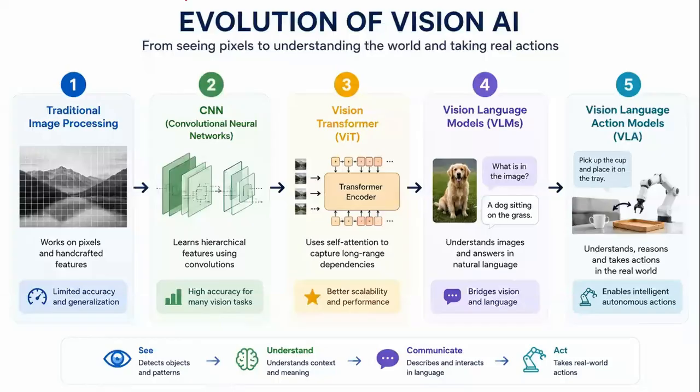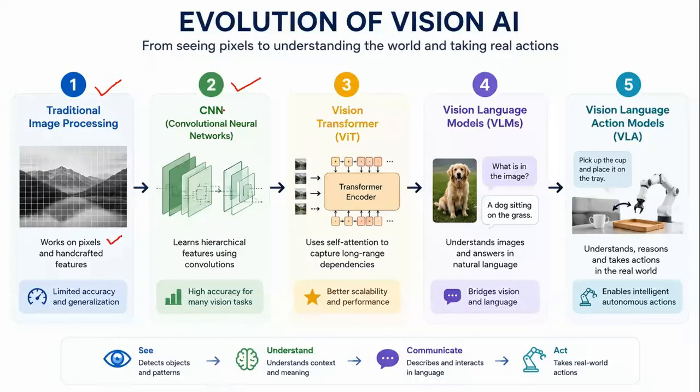Now here is the evolution of vision AI. Let's see how the evolution happened in the computer vision domain. Traditional image processing is at the first level, where it was just working on the pixels of images. Those pixels it was considering as features. Important features are captured and extracted, unimportant features are removed from the neural network, and then it was able to predict or process the images. The next evolution was CNN.